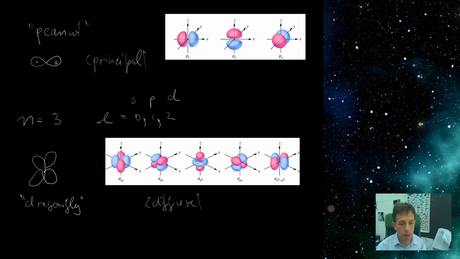If n equals 4, then L can equal 0, 1, 2, and 3.